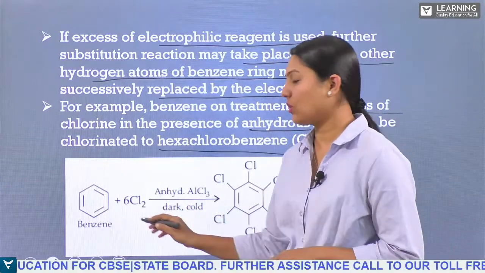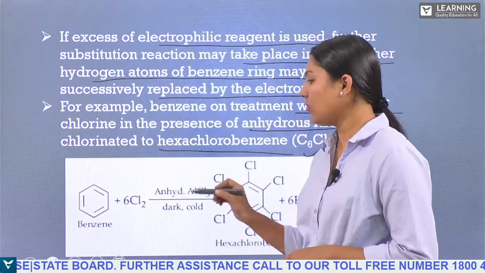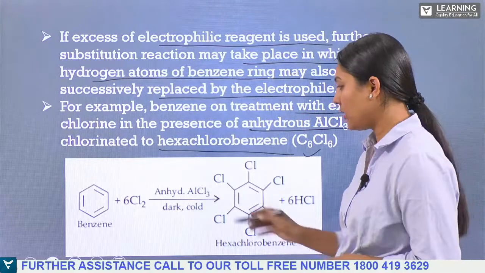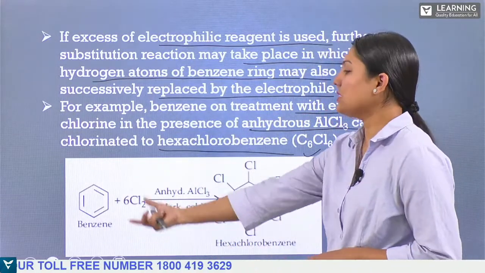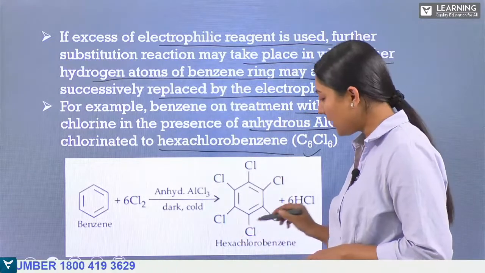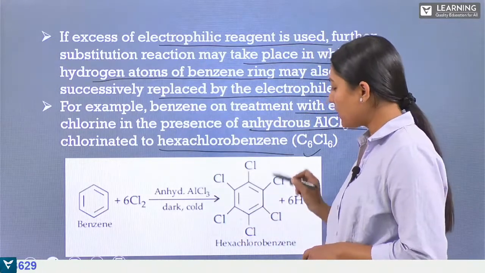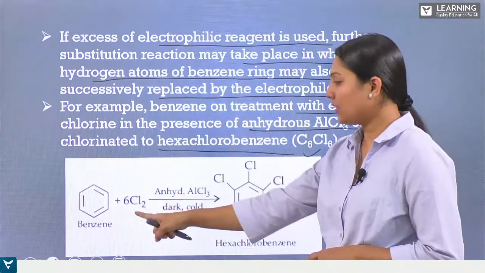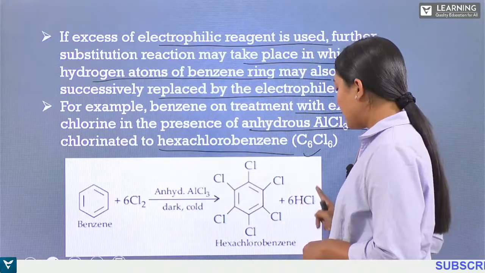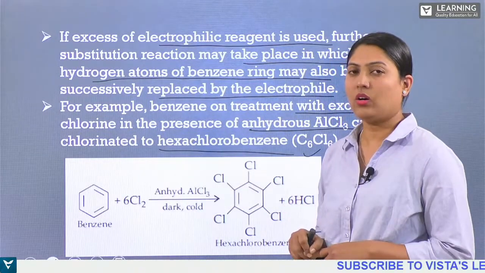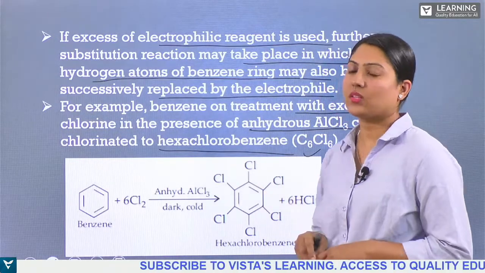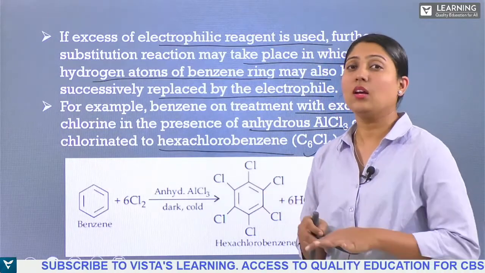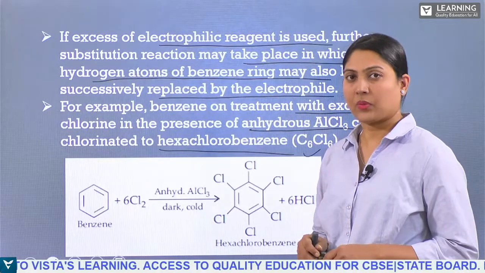This reaction takes place in the dark and a cool place. Each hydrogen is removed by a chlorine atom to form hydrogen chloride, and all the other chlorines are attached to the benzene, forming hexachlorobenzene. Got it?